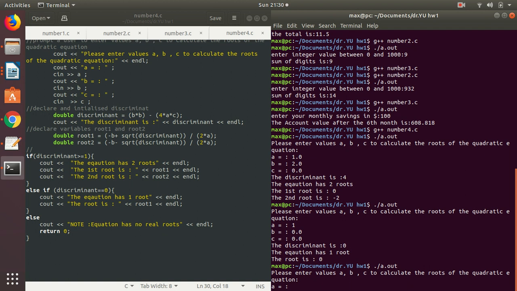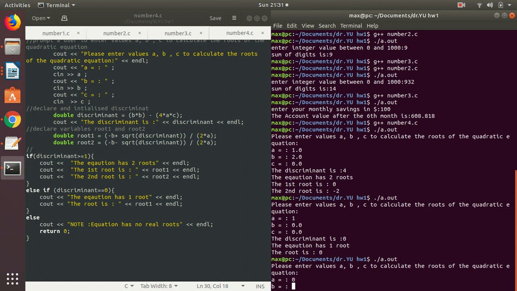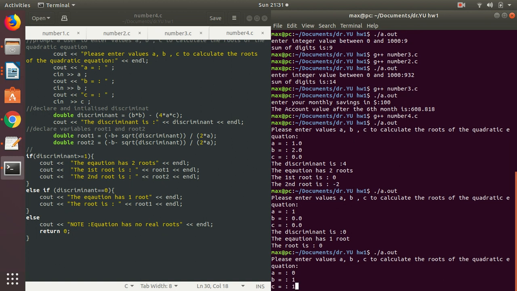So if we say A is equal to 0 and B is equal to 1, it doesn't matter whether you put a dot to make it a double as declared, or an int, it can be both.